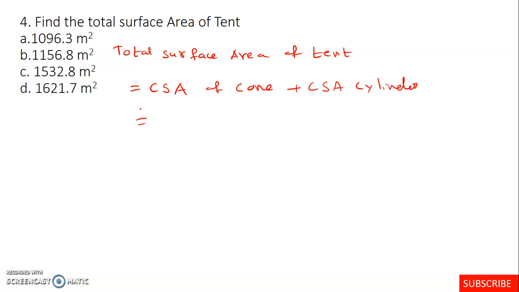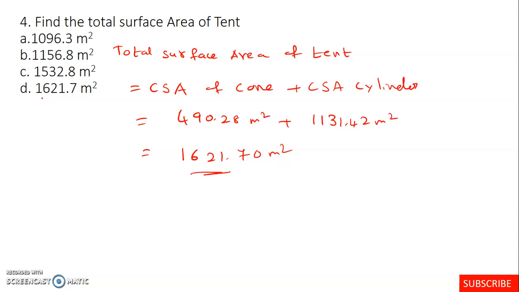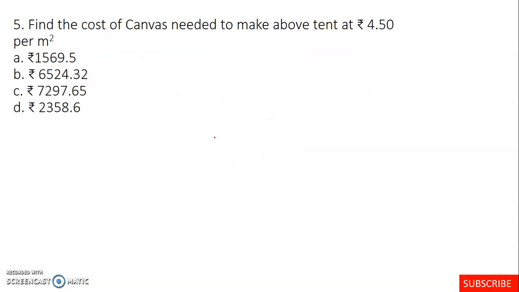In second question we calculated curved surface area of cone. It is 490.28. In third question we calculated curved surface area of cylinder. It is 1131.42 meters square. You have to add it. By adding this, you will get 1621.70 meters square. Option D is correct. So total surface area of the tent is 1621.7 meters square.